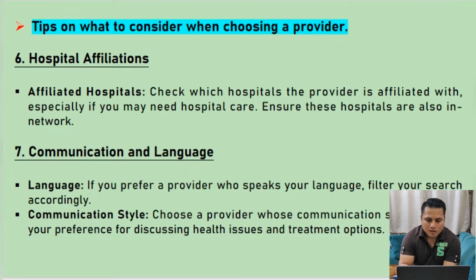Number seven, communication and language. Language: if you prefer a provider who speaks your language, filter your search accordingly. Communication style: choose a provider whose communication style matches your preferences for discussing health issues and treatment options.